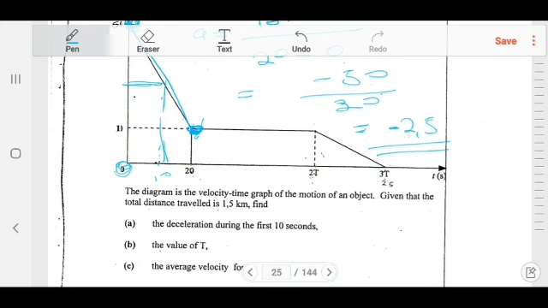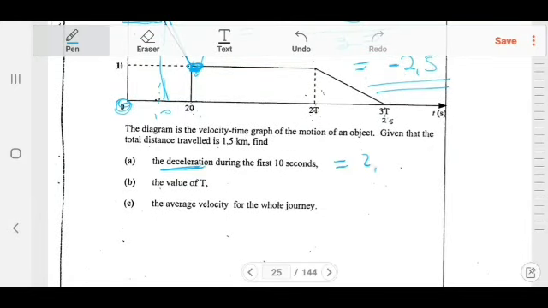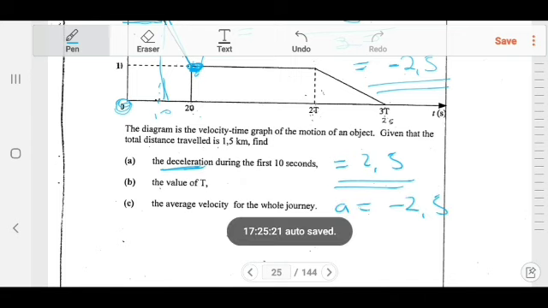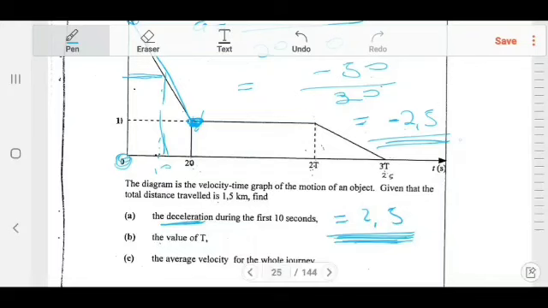The fact that it is negative indicates that it is deceleration. So deceleration is 2.5. Acceleration is negative 2.5. You need to make sure that if you are stating this one, you specify that it is deceleration, and if you are putting this one, you specify that it is acceleration.